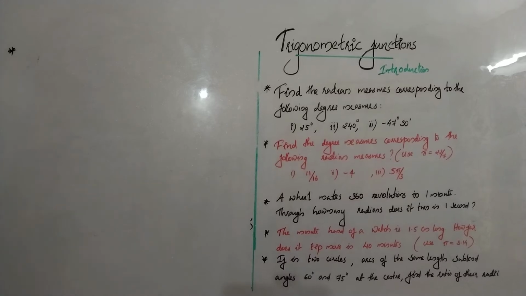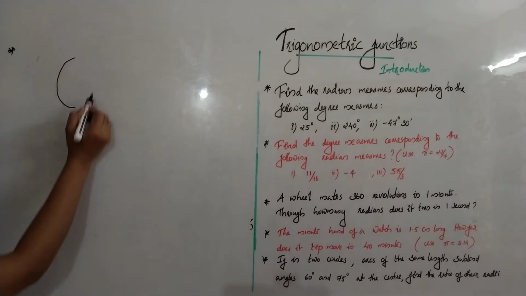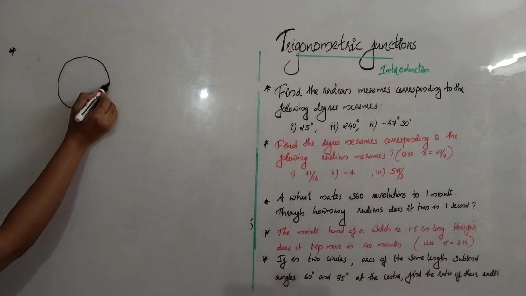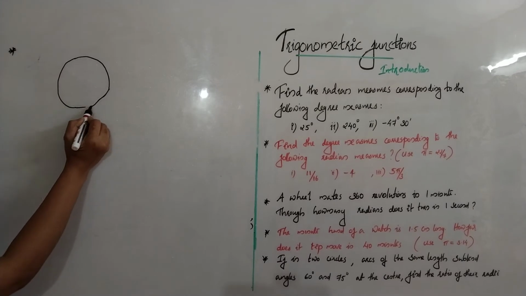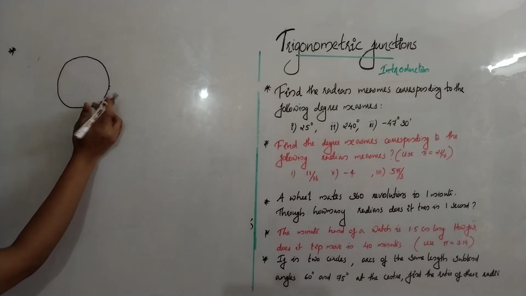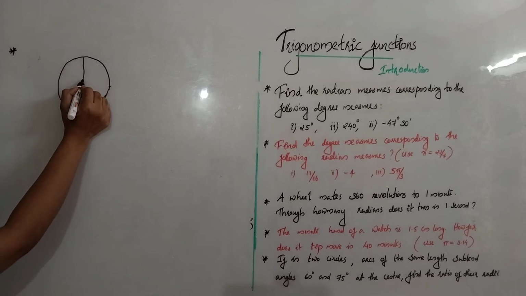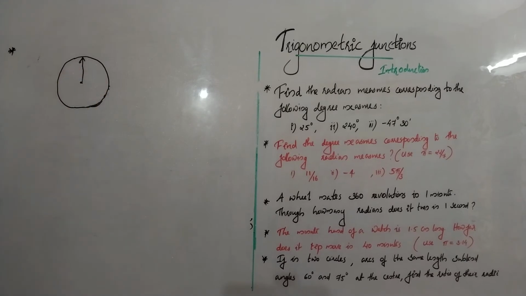Now the fourth one is the minute hand of a watch is 1.5 centimeter long. Consider if this is the watch and this is the minute hand of the watch.